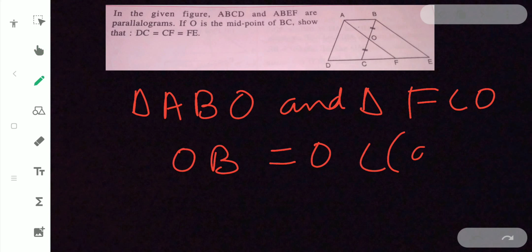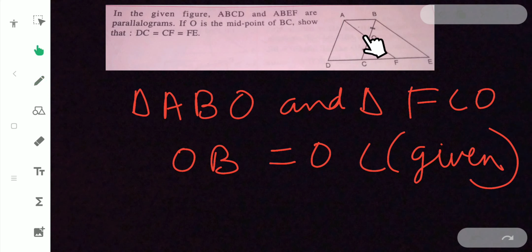You are having OB is equal to OC. In bracket you can write, it is given in the question itself. And what available informations are here?